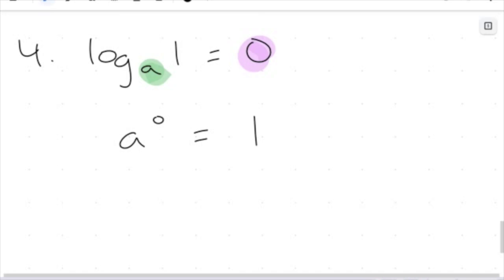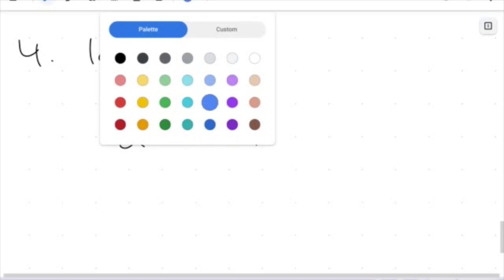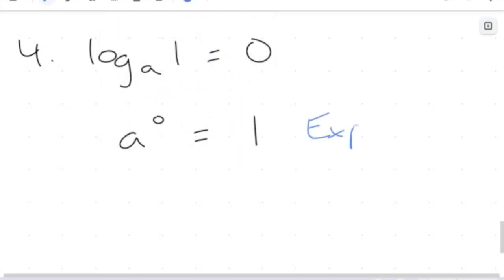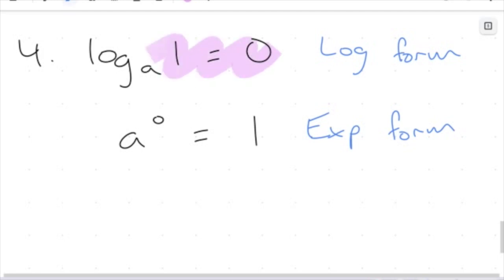So we talked about this exponential law where anytime I raise a number to the power of 0, I get 1. So just rearranging this from exponential form to log form, I get a brand new log law, which is that when I have some log to the base a of 1, it's going to give me 0.